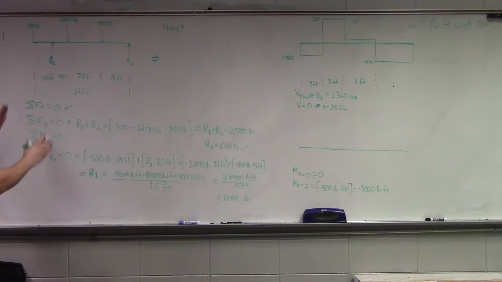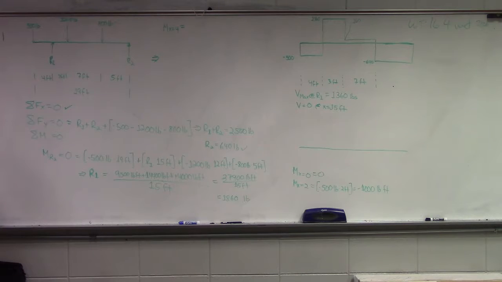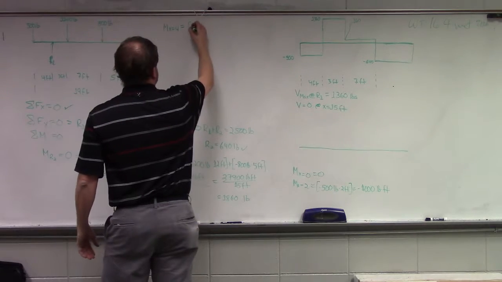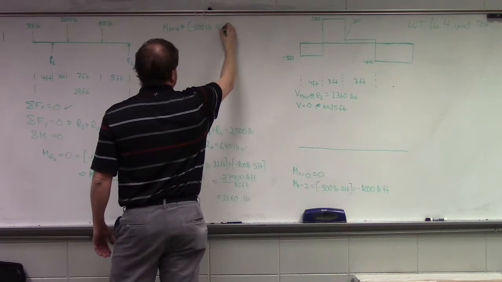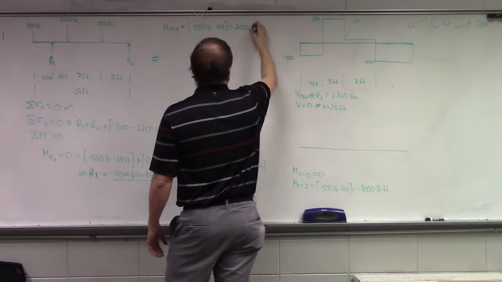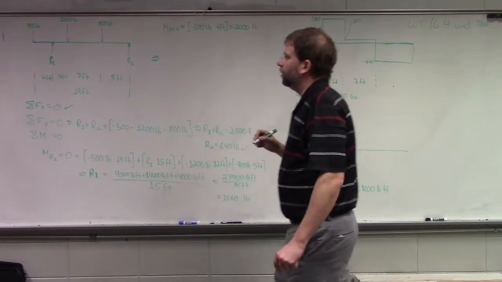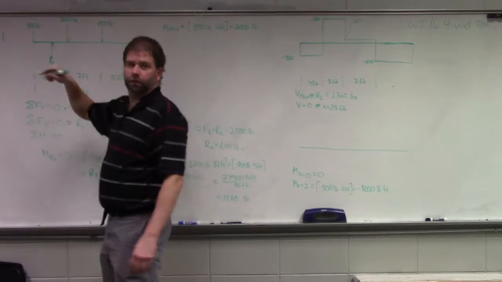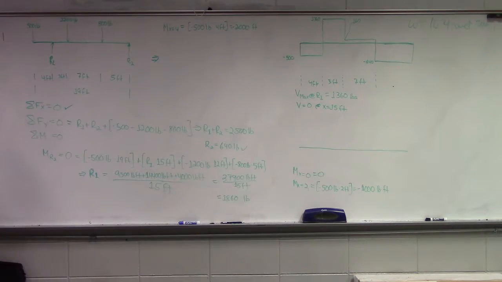So at x equals 4, what do we have? You have that 500 times 4, net negative 500. Wouldn't it still be the same because R1 technically wouldn't be? Well, no, because remember, we're doing bending.